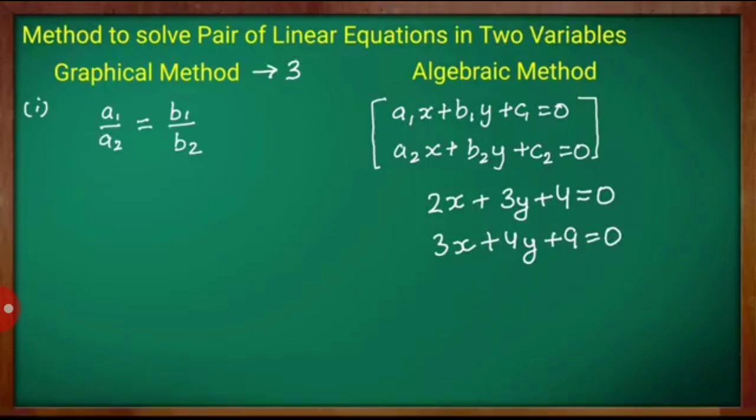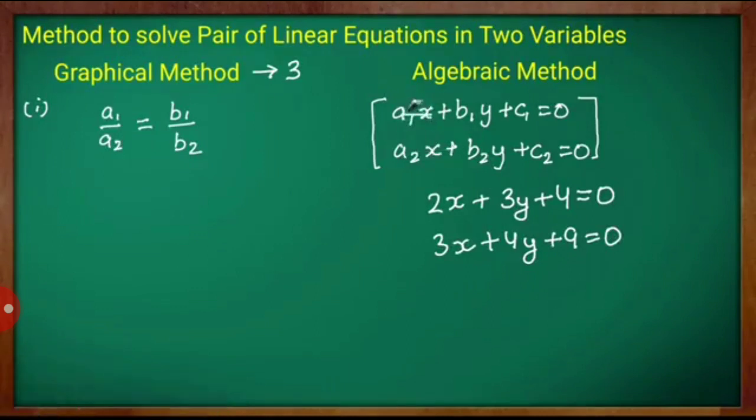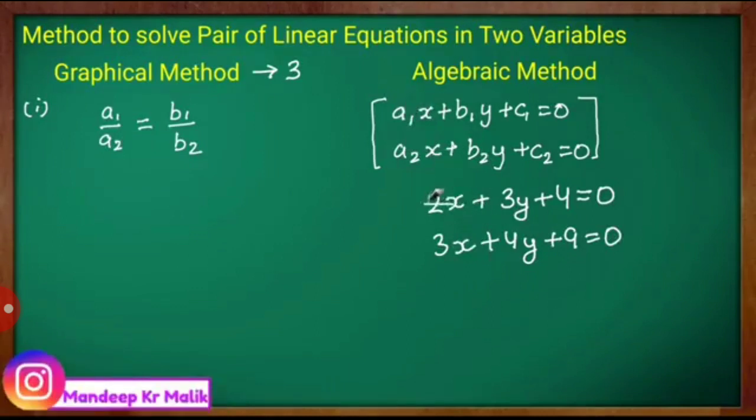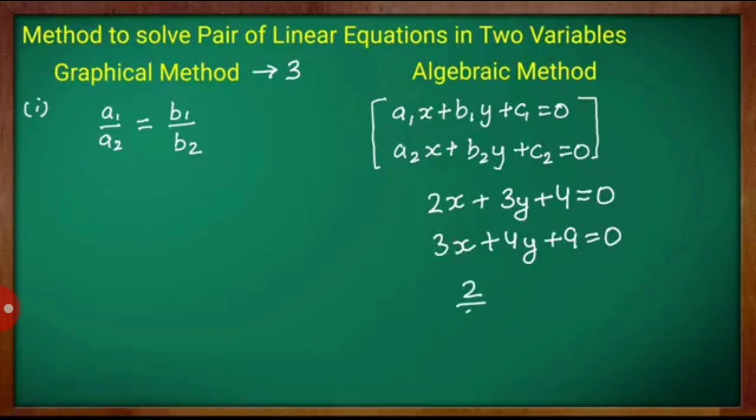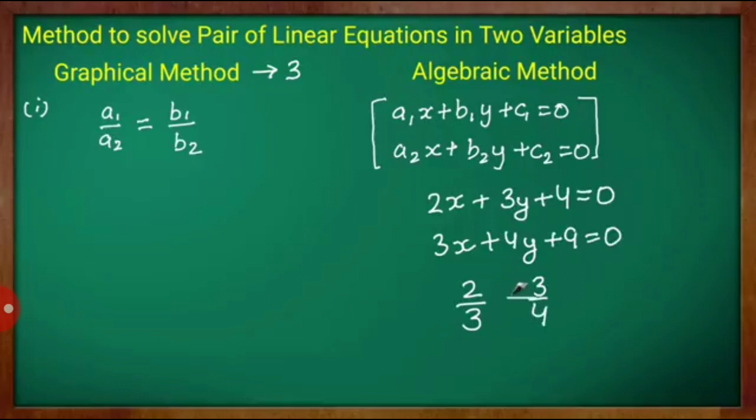On comparing the coefficients of x and y, a1 upon a2 is 2 upon 3. a1 is 2 from the first equation, a2 is 3 from the second equation. On comparing b1 and b2, it will be 3 upon 4.